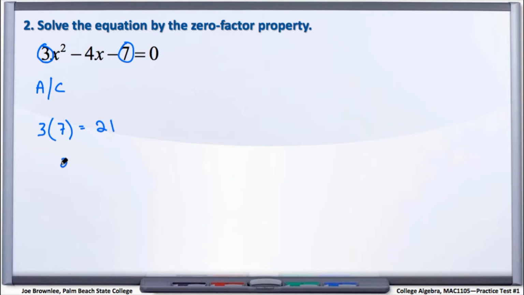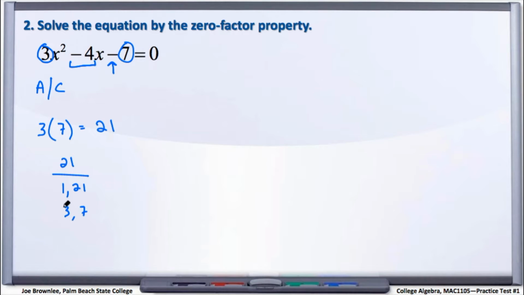We want to now list all of the factors of 21, and hopefully we will see factors that will subtract, because this last sign is a minus, and we want factors of 21 that subtract to give us -4. Fortunately, 21 only has 1 and 21 and 3 and 7, so it shouldn't be too much of a challenge.